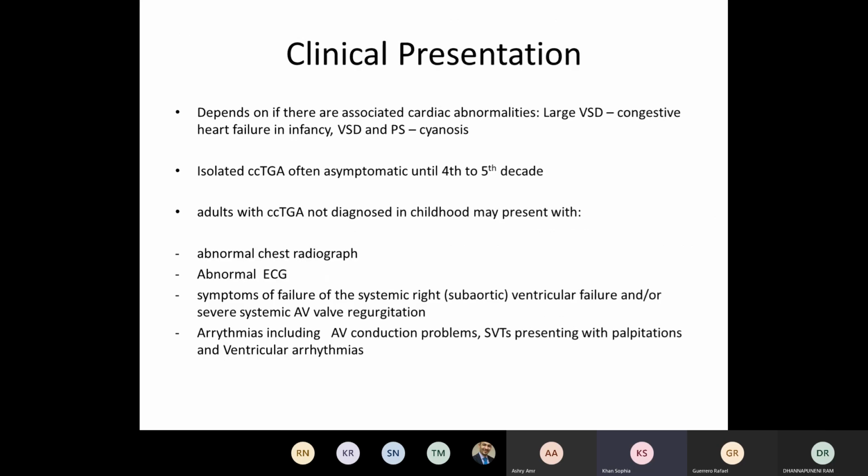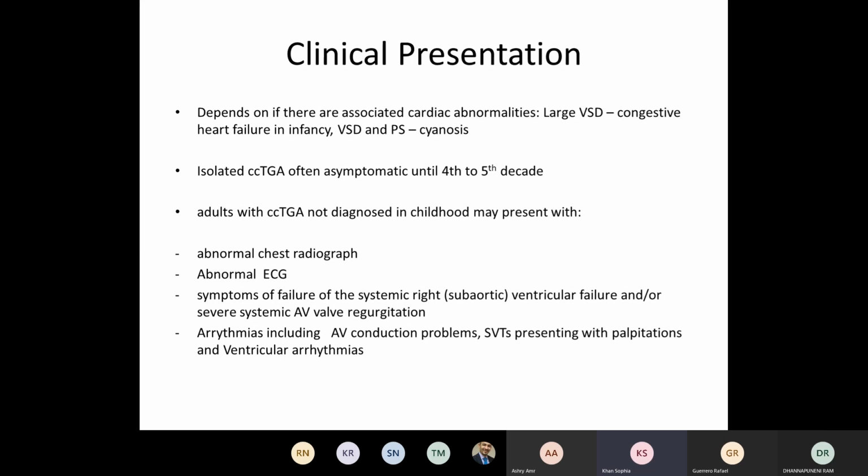So with that wide variety in one condition, there's quite a wide spectrum of anatomy. The way it presents really depends on the associated abnormalities. If you've got a large VSD, these cases might present quite early in infancy with failure. If there's pulmonary stenosis, there might be cyanosis.